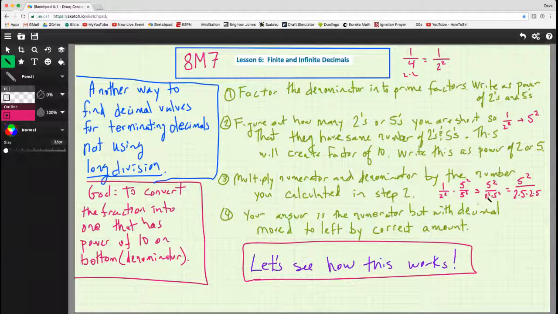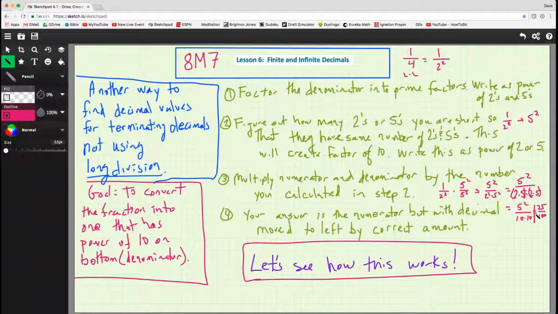Because that's 2 2s and 2 5s multiplied together, and we just rearrange them like this. Now look what happens. We get 5 squared over 10 times 10, which is equal to 25 over 100.